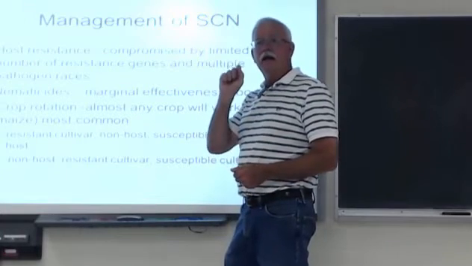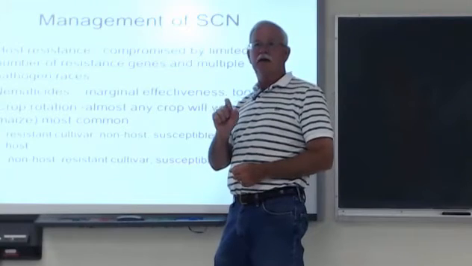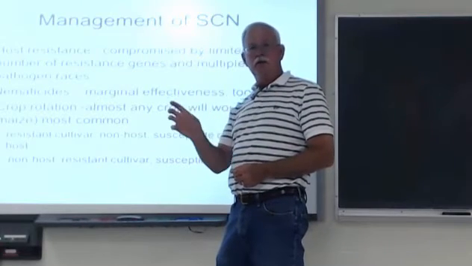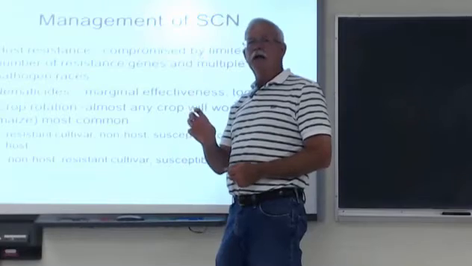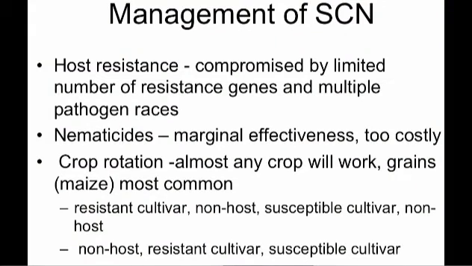Soybean and common snap beans are about the only two crops that are susceptible in the United States, plus a few weed species. So a rotation to a non-host, such as corn, wheat, potatoes, is an effective way of reducing the population. So a management system that has some use of host resistance and the use of rotation to a non-host crop will effectively suppress the population and avoid serious yield losses.